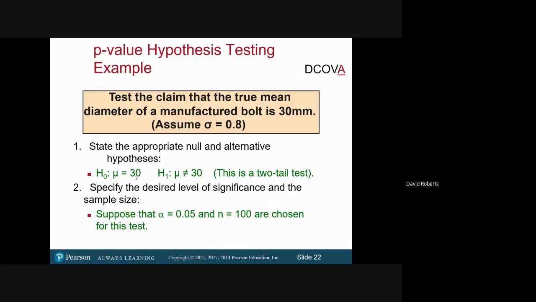In other words, they last longer or last shorter. Now, if they last less, then your customers will be dissatisfied. But if they last too long, you're not going to be selling any more light bulbs. All right? That's a two-tailed test. And the consequences of being wrong there are consequences, but not as severe as the consequences of the example I'm going to use next.